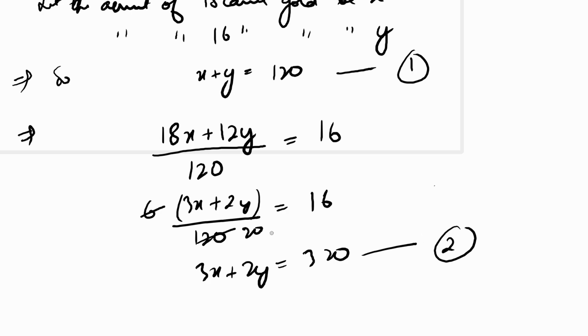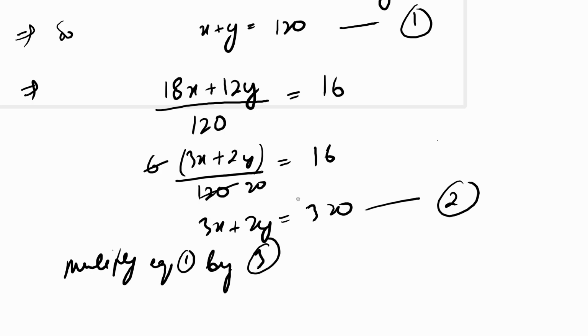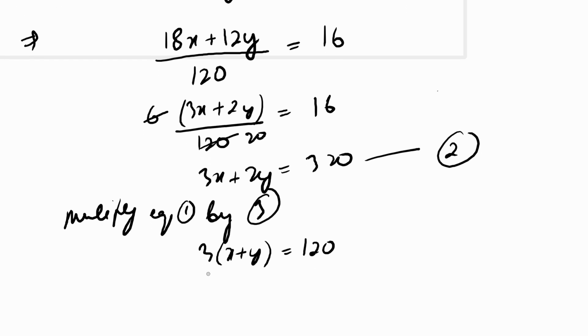Now what will we do? We will multiply equation 1 by 3. When you multiply equation 1 by 3, we will get 3 into x plus y is equal to 120. So we will get 3x plus 3y is equal to 360.